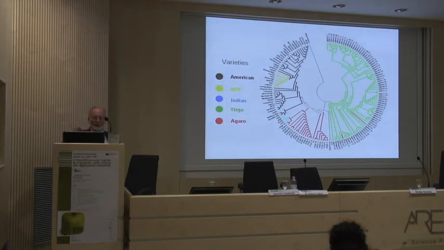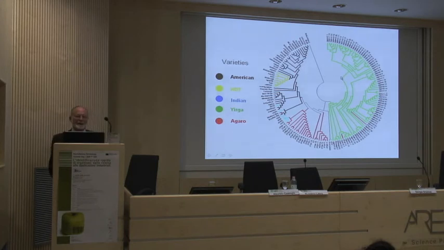And so the closer are the, okay. These two here, for instance, means they are very similar. But if I compare this one with that green, they are very, very different. So the longer the branches, the higher the difference between the different varieties.